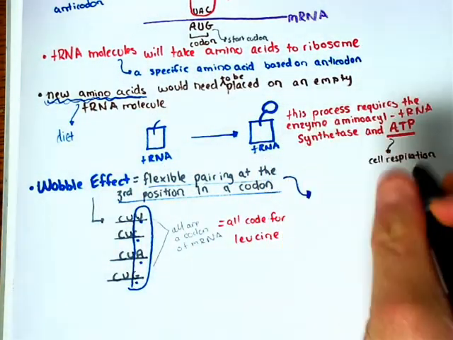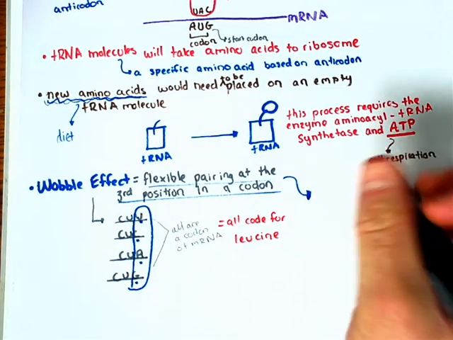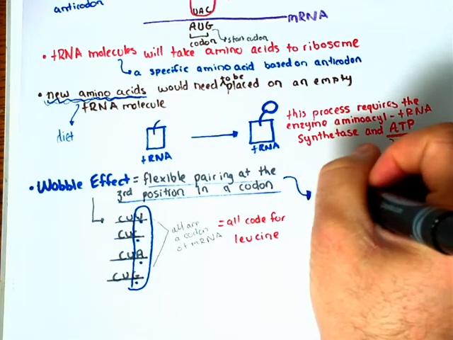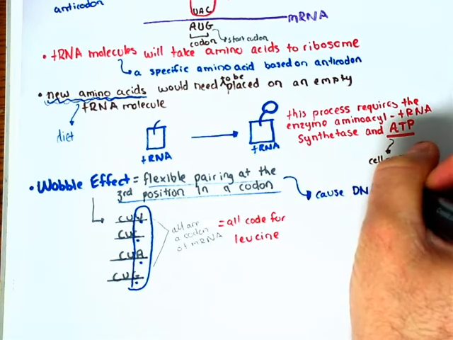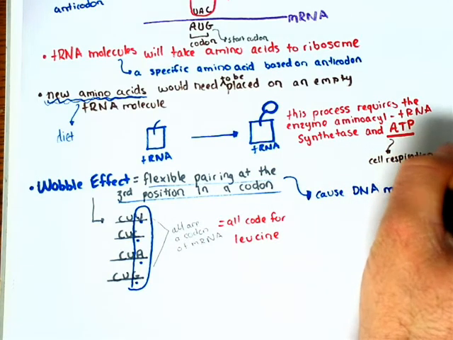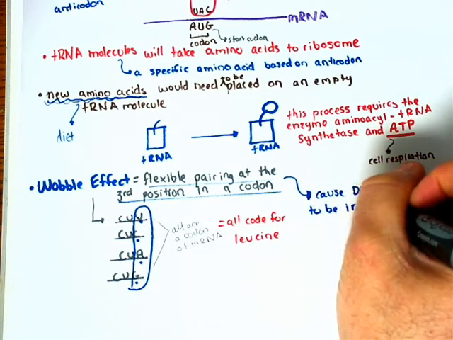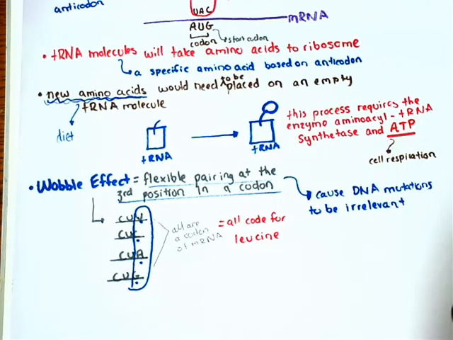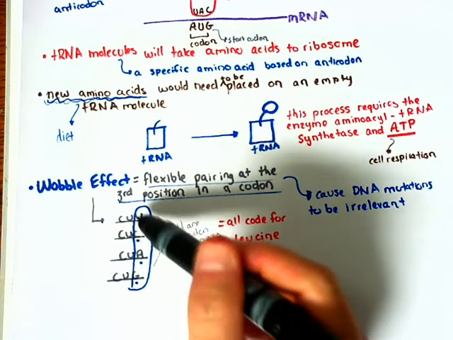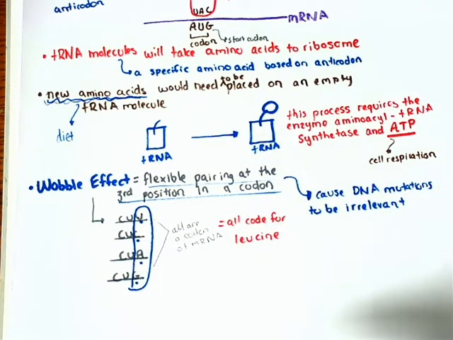So this wobble effect is a flexible pairing at the third position, and that's true, but it can also be a way in which mutations don't matter. So it can cause DNA mutations to be irrelevant. If you mutate the DNA that would code for the mRNA in that third spot, it doesn't really matter. This would make those DNA mutations silent mutations because they wouldn't change the system at all.